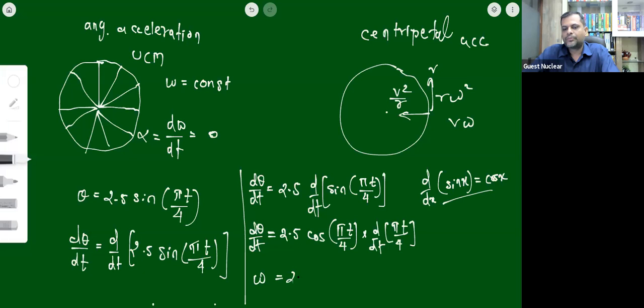And then here 2.5 into cos of pi t by 4 kept as it is and multiplied by, अब यहाँ पे pi by 4 is the constant, so it can be taken out, and the derivative of t with respect to t happens to be 1, and that's why this pi by 4 into 1 comes out to be pi by 4 only.